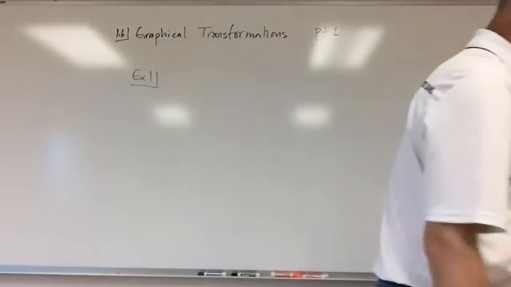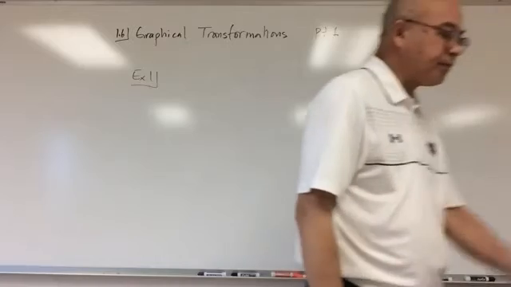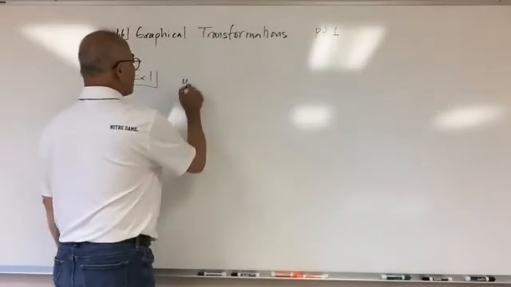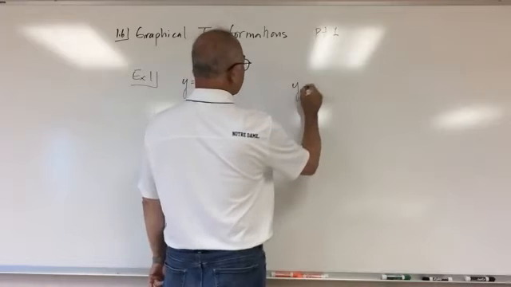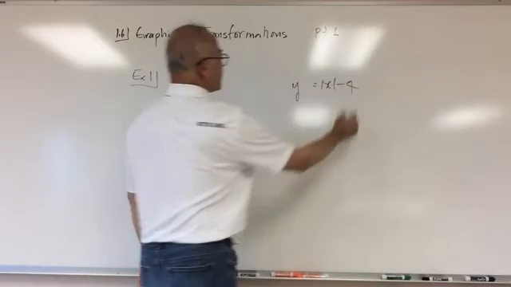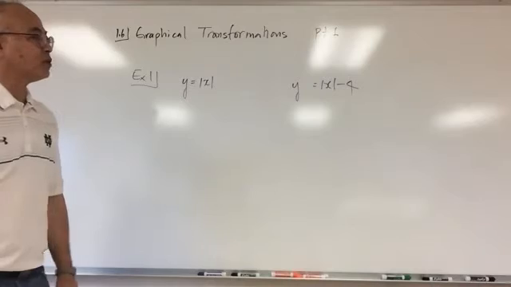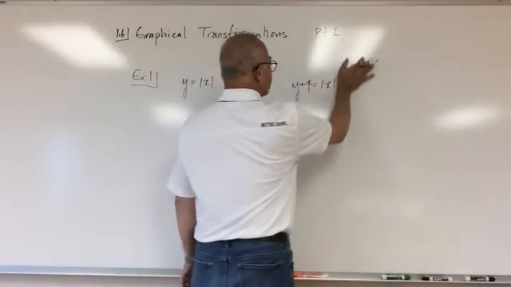In part A, it says describe. So if I start from this and I end up with this, what did I actually do? If I move the 4 over here, it's going to look like this, right? This is what actually happened.